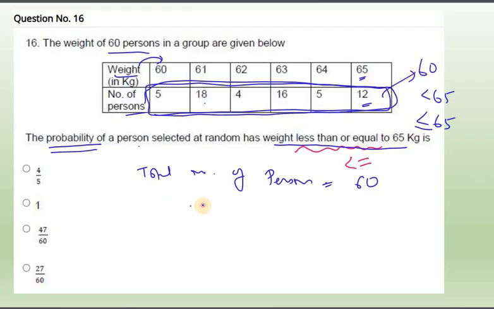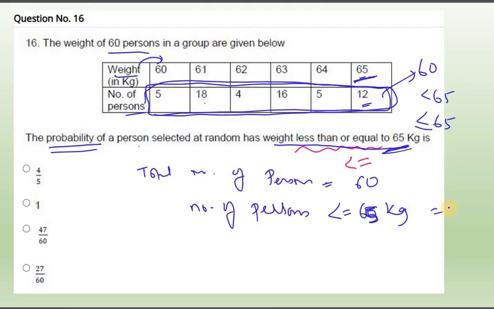So the number of persons with weight less than or equal to 65 kg. This is 65, no? Here maximum is 65, less than or equal to, including 65.